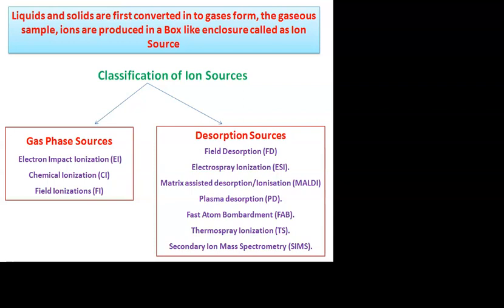Then field ionization, FI. In desorption sources, the techniques used are field desorption, FD, electrospray ionization, ESI, and matrix assisted laser desorption ionization, also called the MALDI technique, plasma desorption, PD, fast atom bombardment, also called FAB, thermospray ionization, TS, and secondary ion mass spectroscopy, SIMS.